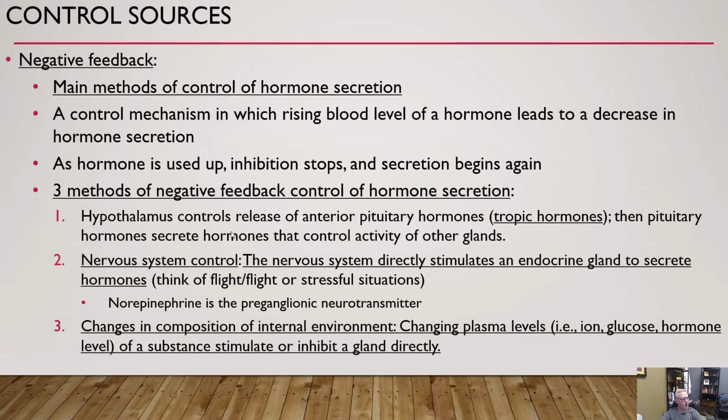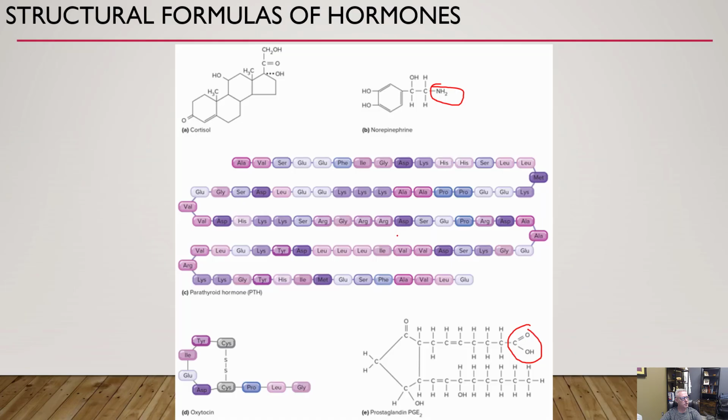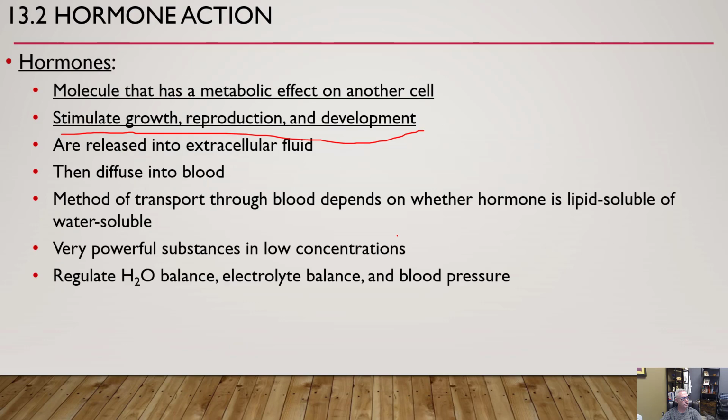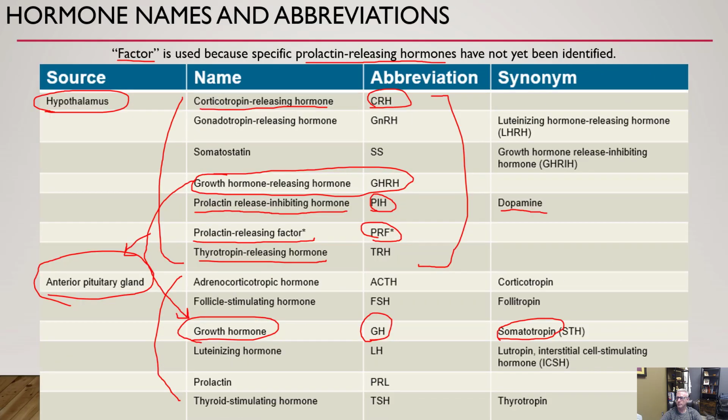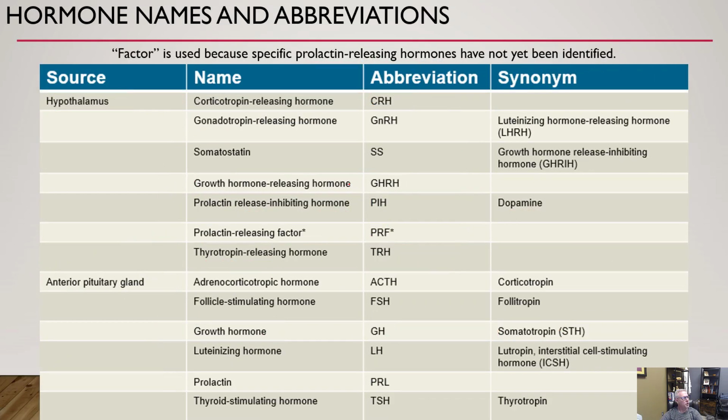So the hypothalamus controls the release of anterior pituitary hormones, and then the pituitary hormones secrete hormones that control the activity of other glands. So we're going to go back to our chart up here. Basically what bullet point 1 says is that the hypothalamus is going to control the anterior pituitary gland.